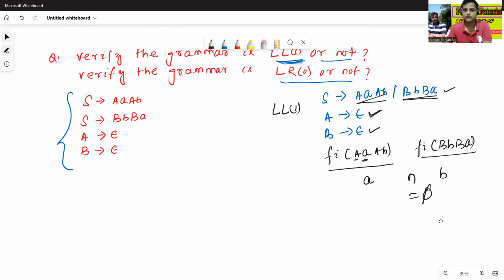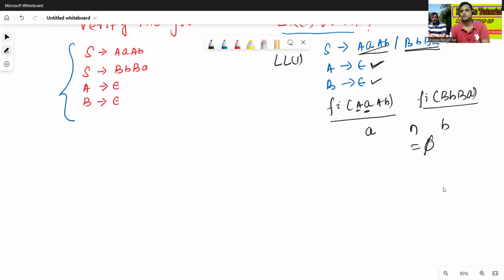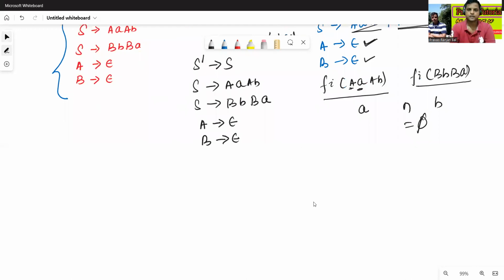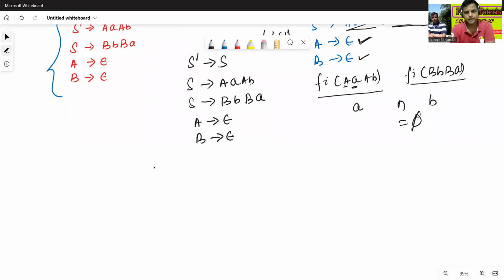Now we'll check for LR0. First, we have to convert this grammar into an augmented grammar: S' → S, S → AB, S → BA, A → epsilon, B → epsilon. S' → .S.